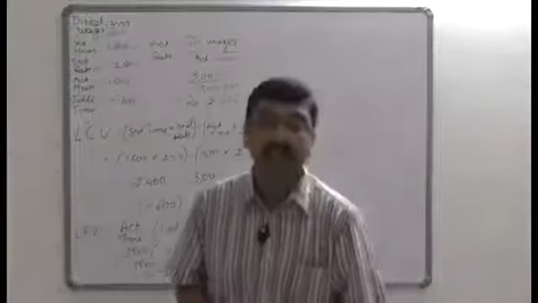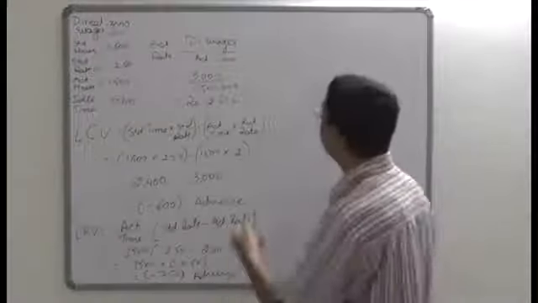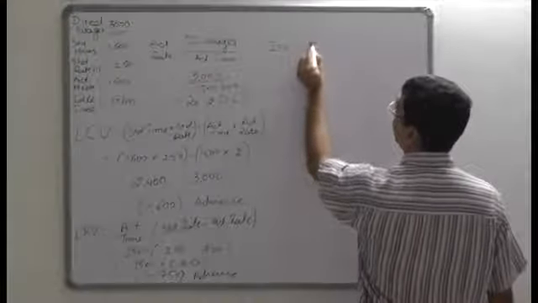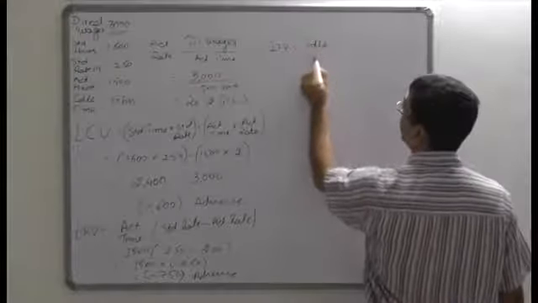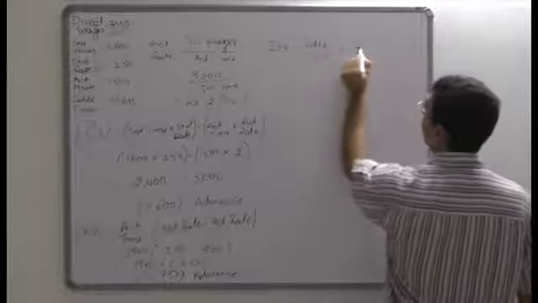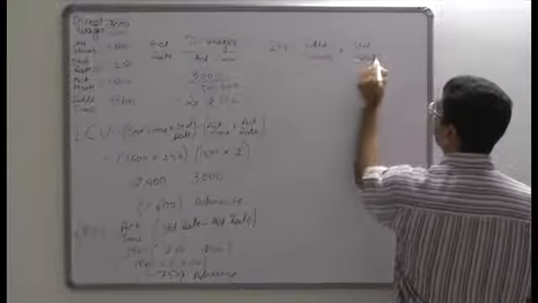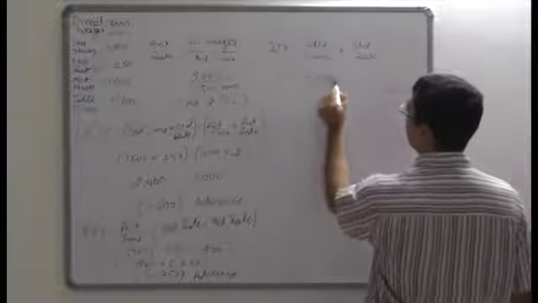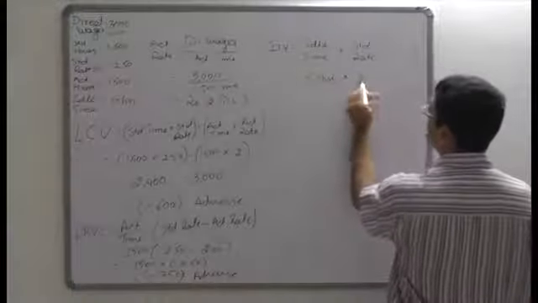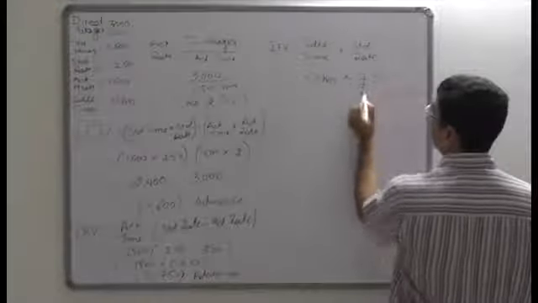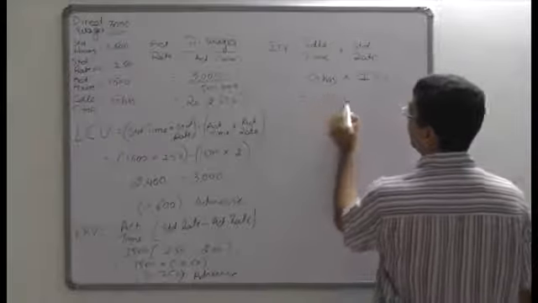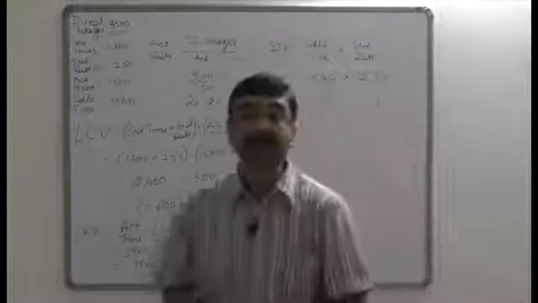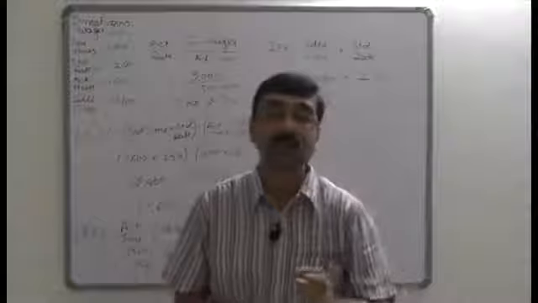We need to identify the ITV, and the ITV formula is idle time multiplied by standard rate per hour. Idle time is 50 hours, into standard rate 1.50, it comes to 75 rupees. This 75 is your idle time variance, and this is also adverse.